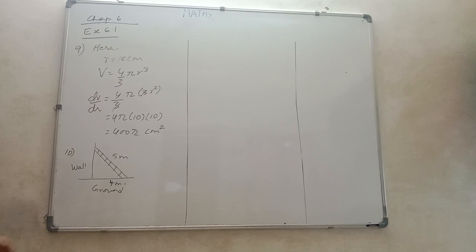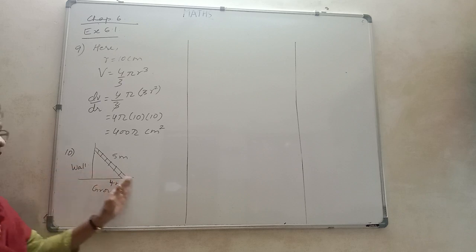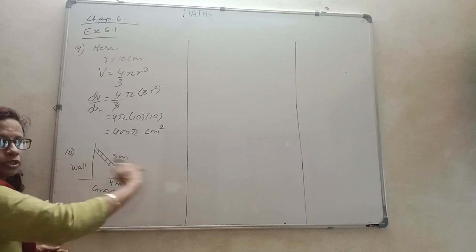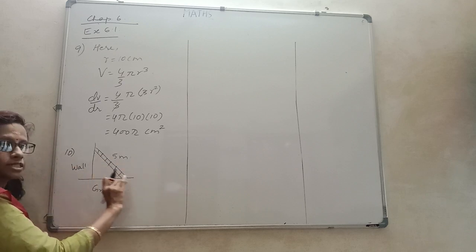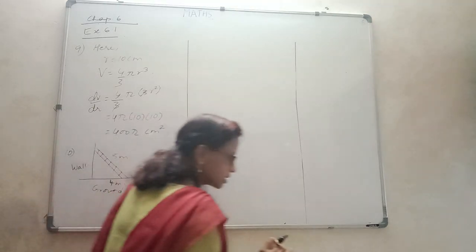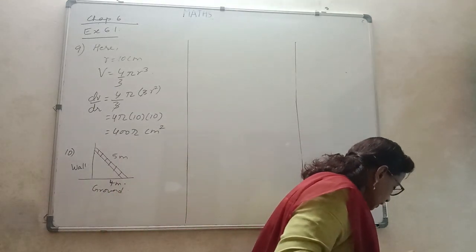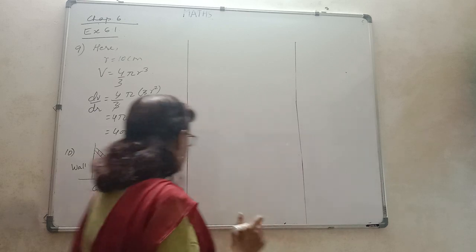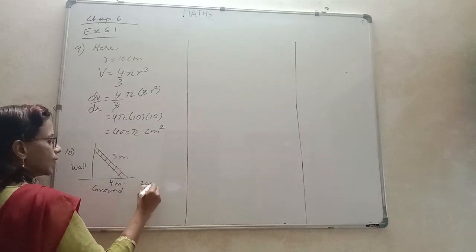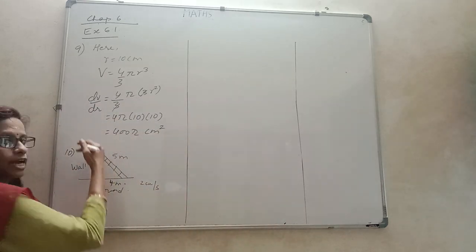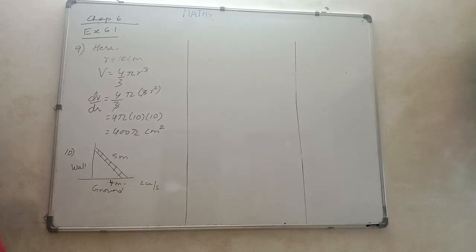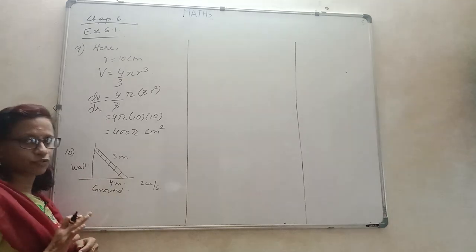They tell us that you're pulling this ladder. When you pull the ladder, this distance is moving at a certain rate. They tell us that rate: it is moving at 2 centimeters per second. And if the height is reducing, they are asking us to find at what rate the height is reducing.